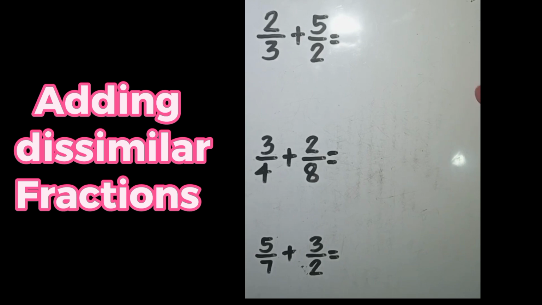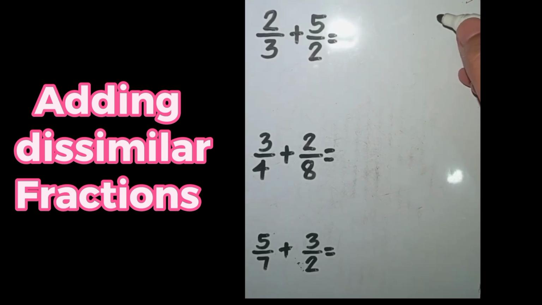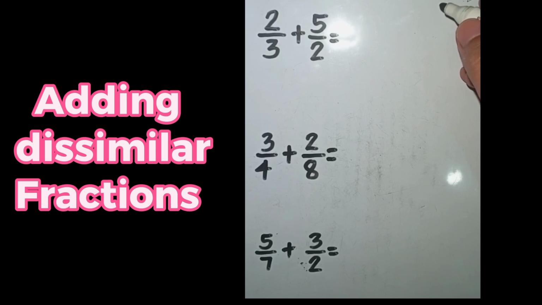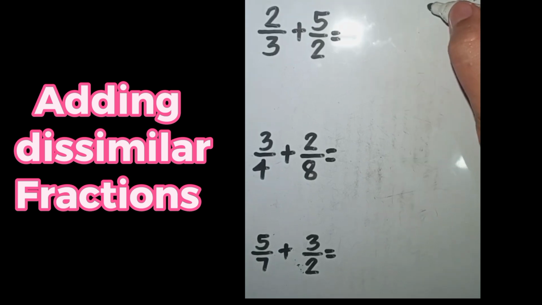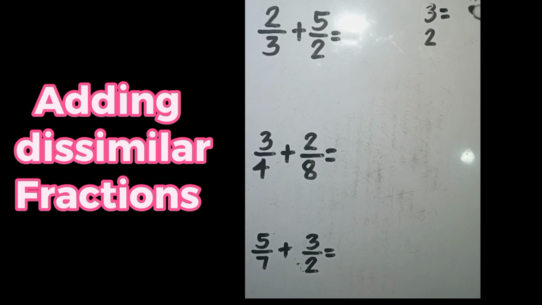Okay, so first we have to find the LCD between these denominators 3 and 2. When I say LCD, that is the least common denominator. So we have to factor out 3 and 2. What are the factors of 3?